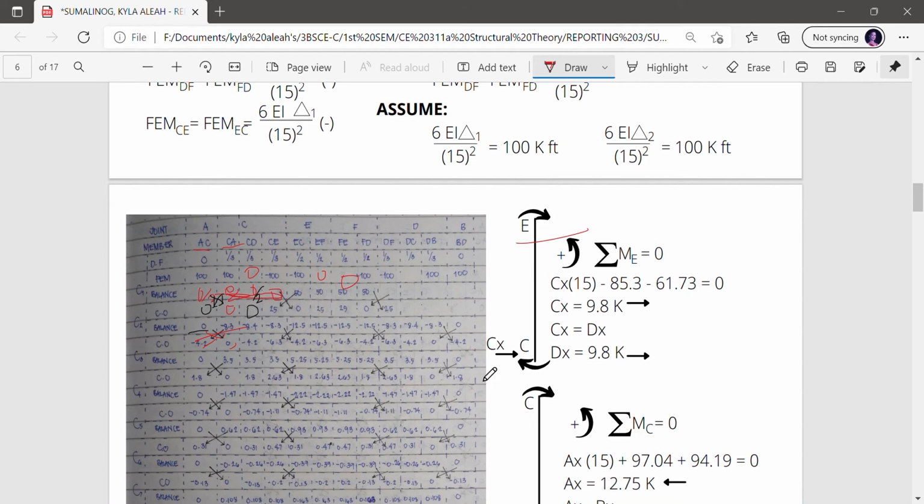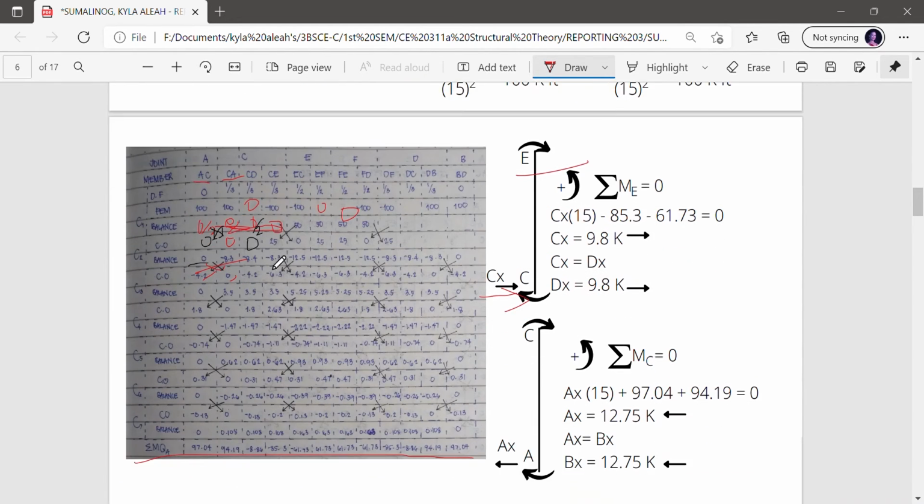So we have a force here, a horizontal force CX. We are going to put it on the formula. That will be CX times the arm length, which is 15, minus 85.3, which we got from the CE in the table, plus the 61.73 from the EC, which is equal to 0.